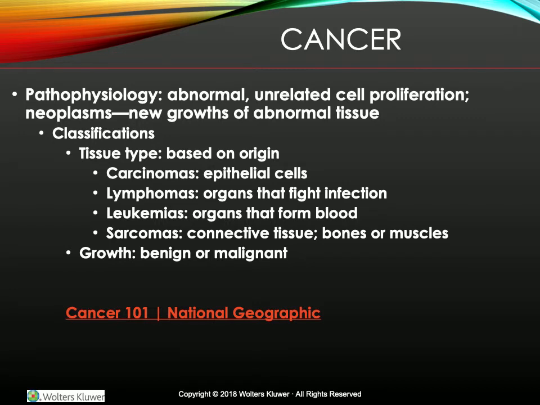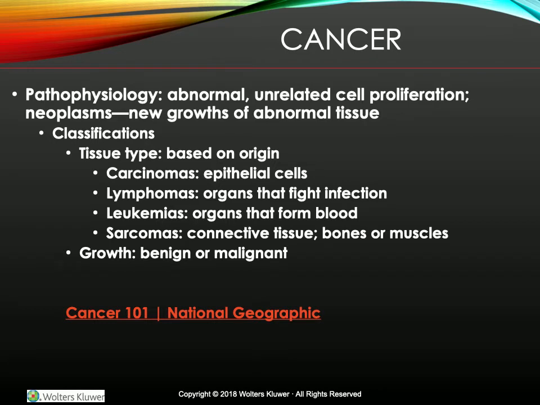So we have carcinomas that are associated with epithelial cells, lymphomas that are organs that fight infection, the leukemias are related to the blood disorders, and sarcomas are more connective tissue and bone disorders.